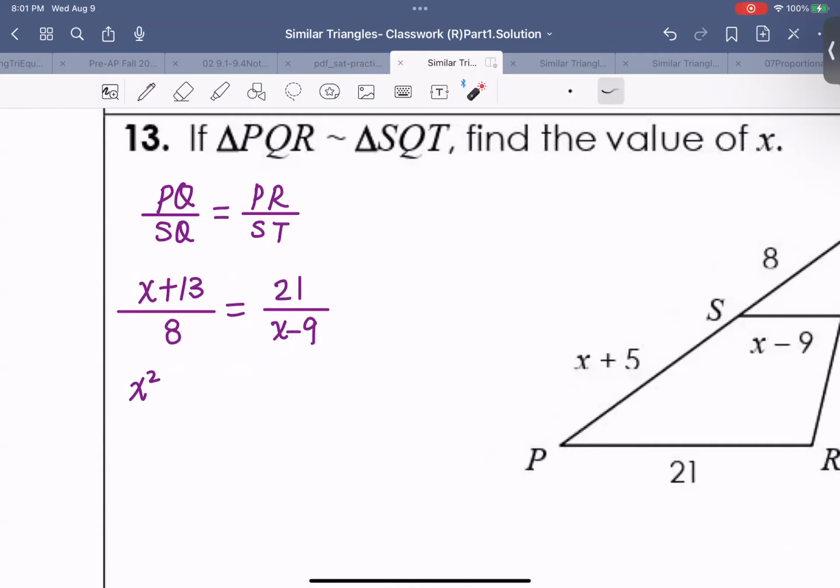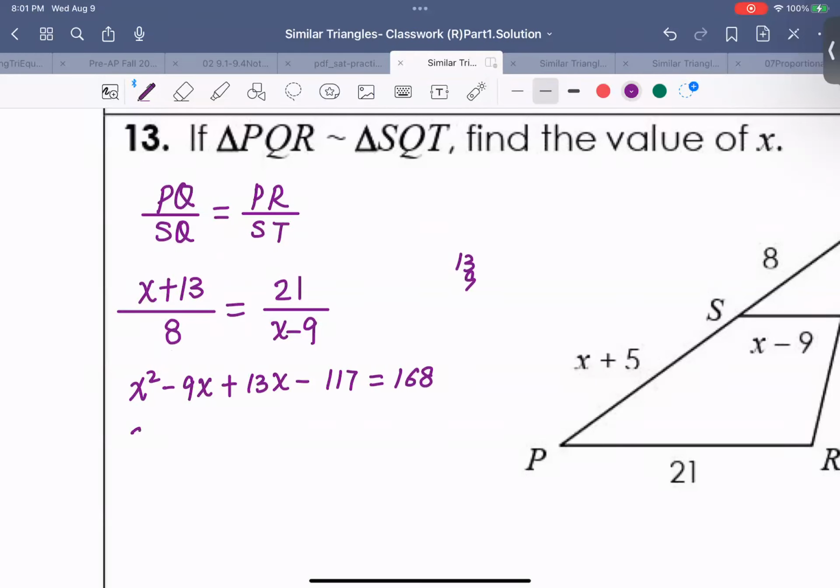X squared minus 9x plus 13x, and then minus 117, equals 168.